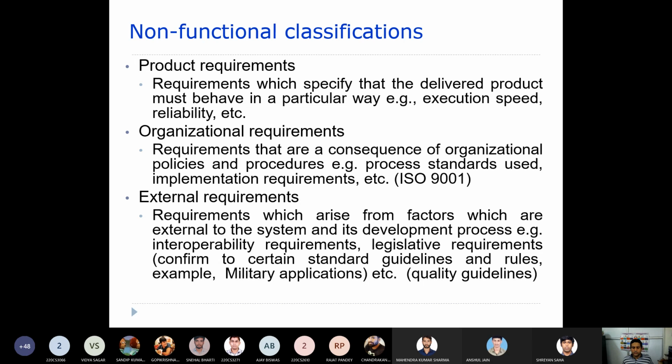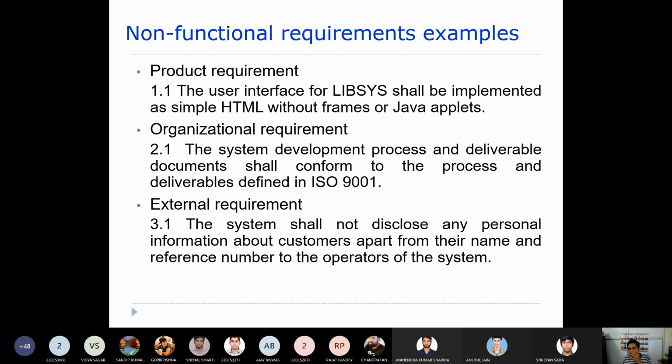So they will be classified under the non-functional classification. Now the examples for non-functional requirements can be like this, as we were discussing the LibSys system.